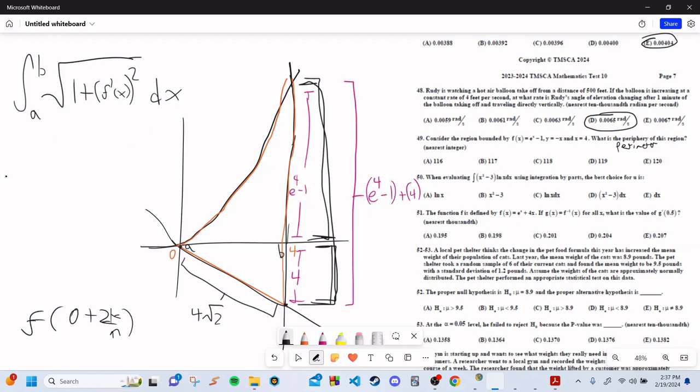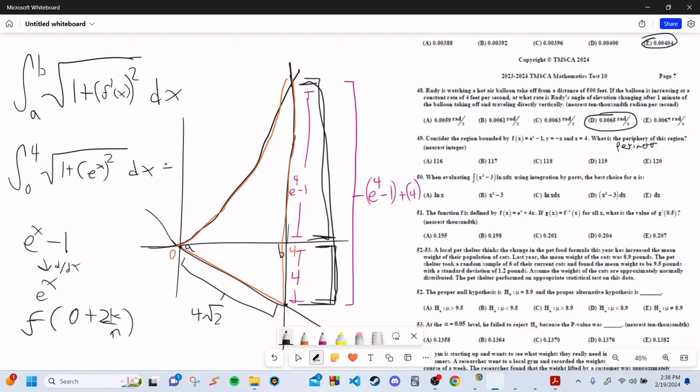All we need to do here is take the integral from 0 to 4 of the square root of 1 plus the derivative of e to the x minus 1, which is e to the x, so 1 plus e to the x squared dx.